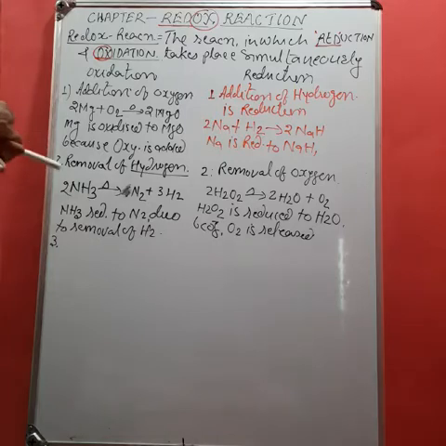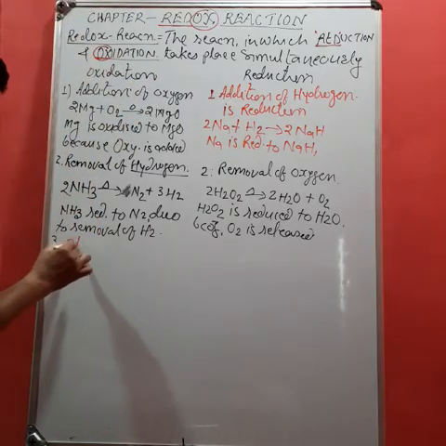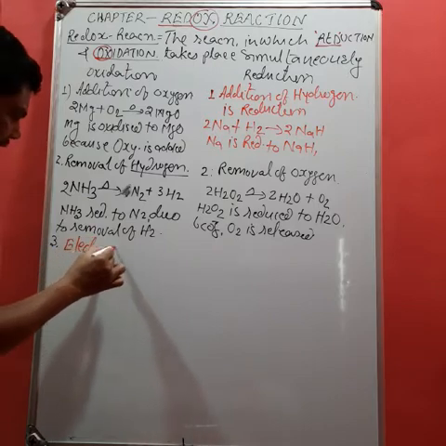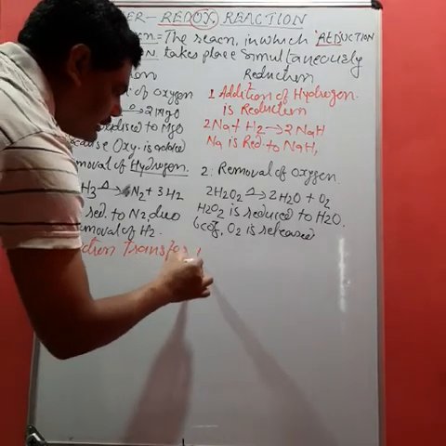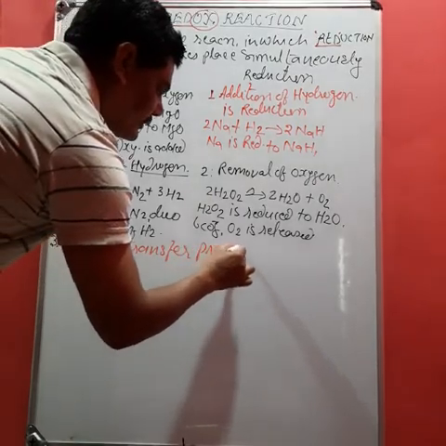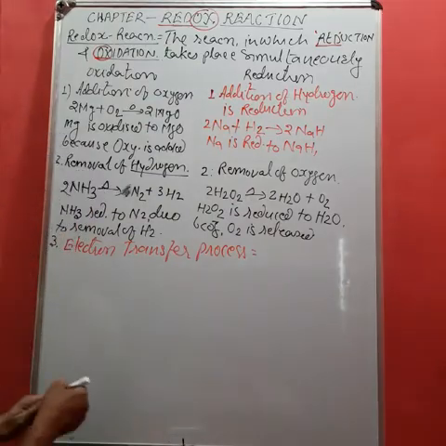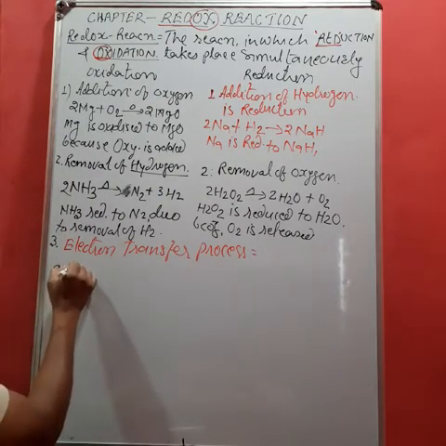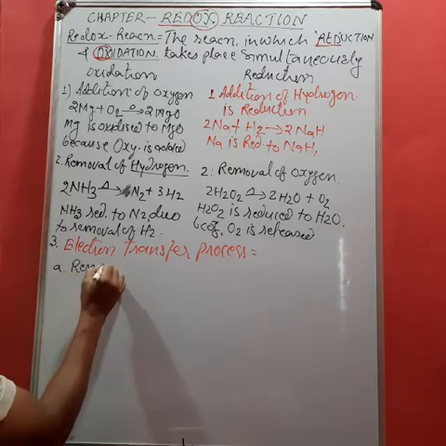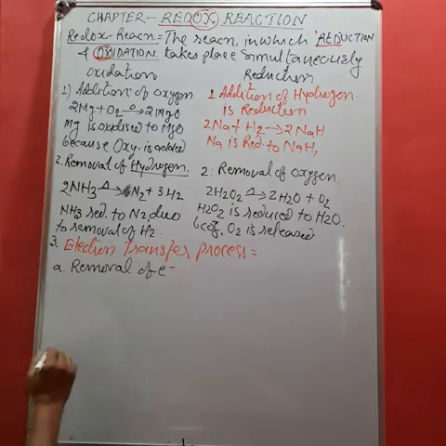Now these definitions in the form of the electron transfer process. Getting? So on the basis of it, we can define, like here, number A, removal of electron is known as oxidation.